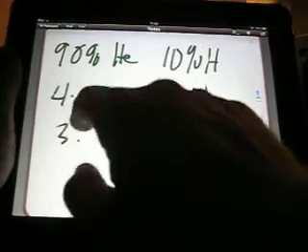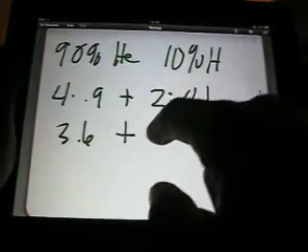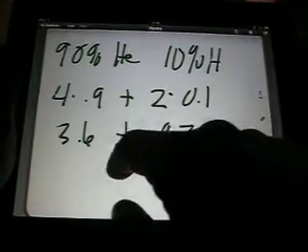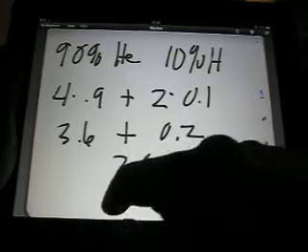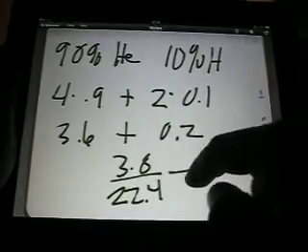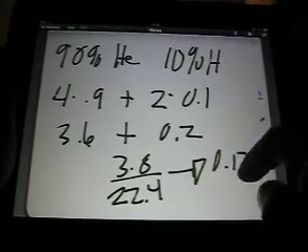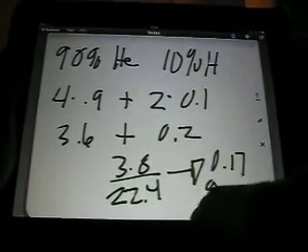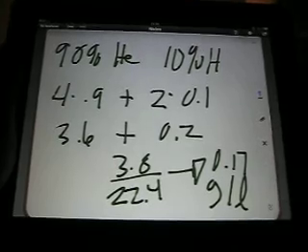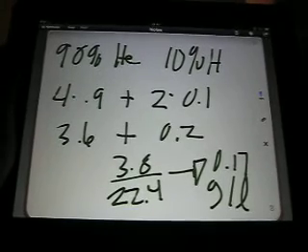That gives me 3.6 on this side, plus 0.2, 3.8 divided by 22.4, and that should give me 0.17 grams per liter. All right, gas mixes, that easy.